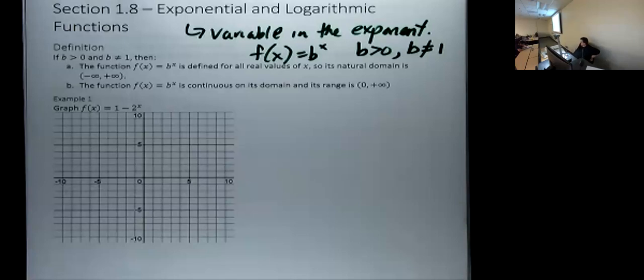And we don't want a negative b because then the value bounces back and forth between positive and negative as we raise those exponents. And this is not a graphable thing. So we want positive values of b. 0 is also a trivial case, so we don't include 0.